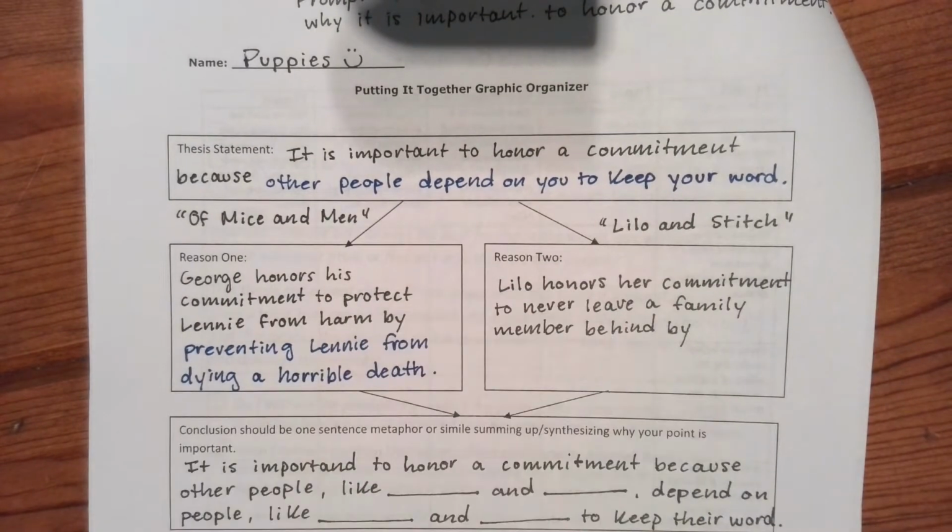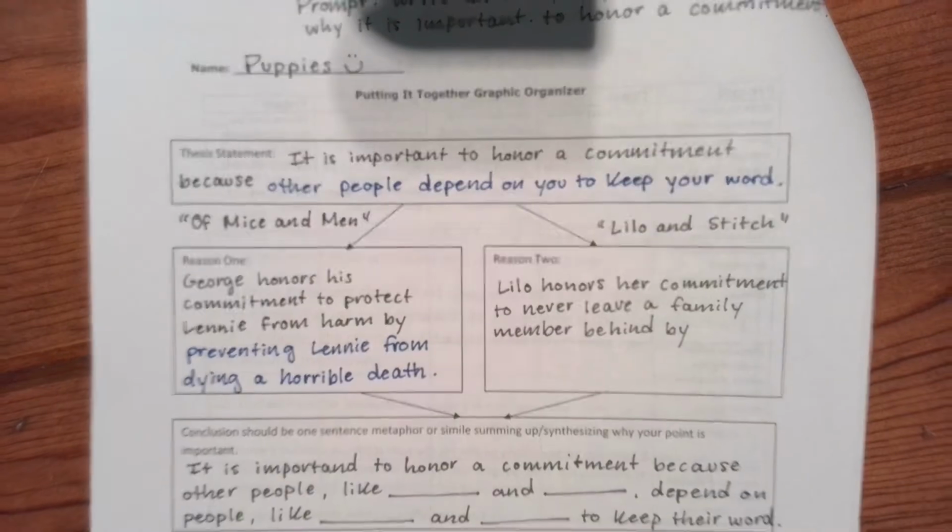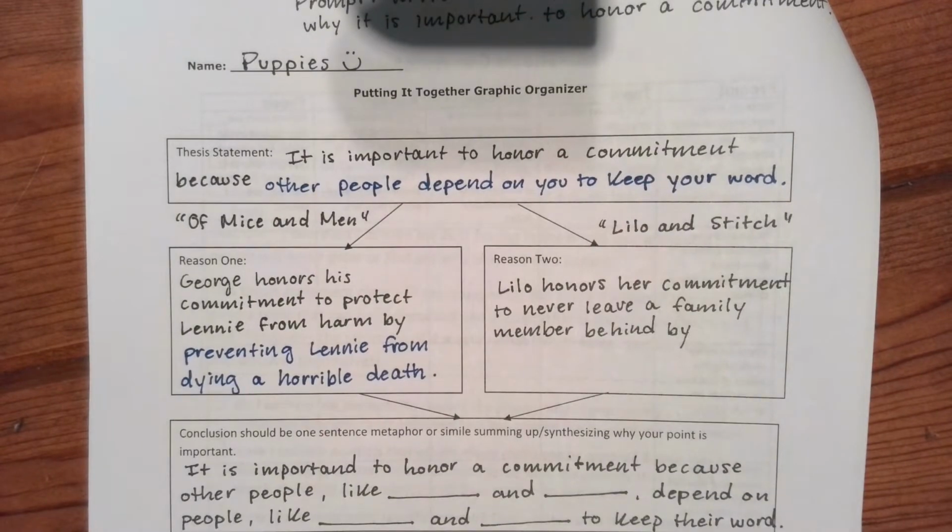Even though George does shoot Lenny in the end, he does it out of mercy and in an effort to protect Lenny instead of Curly's wife getting to him, or Curly getting to him.